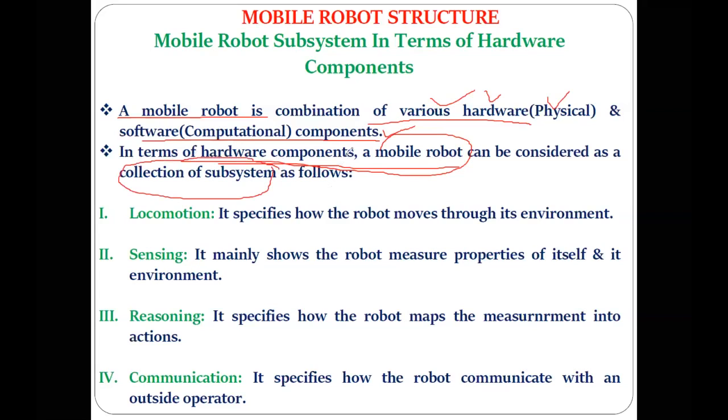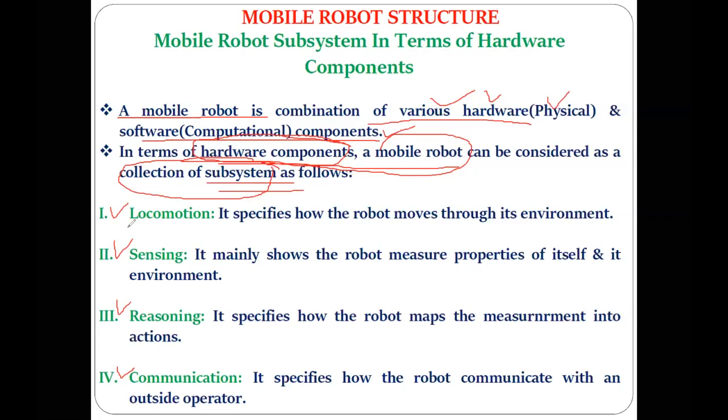It means we are trying to divide the activity performed by the robot into groups, each as a subsystem. So on the basis of hardware components, we have these four subsystems related with the mobile robot.